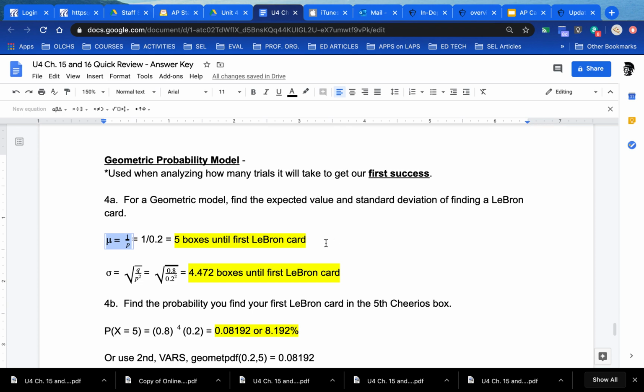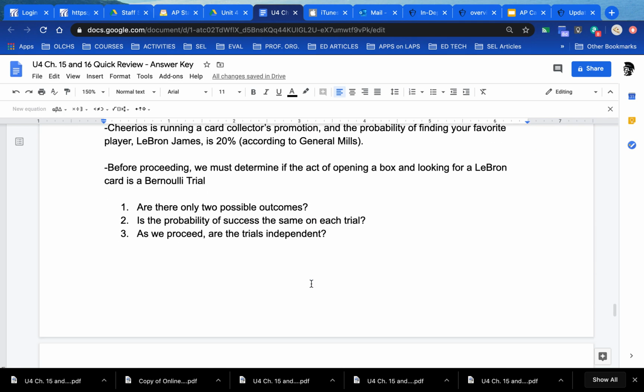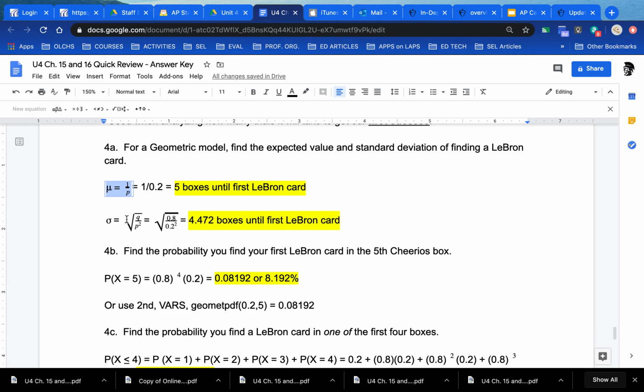Now, this was what was missing up above, and I don't think this one's given to you on your formula sheet either. The standard deviation is q, which is the probability of the complement of not getting LeBron, over p squared, and you take the square root of it. So 0.8 over 0.2 squared, take the square root. That's how you would find the expected value and standard deviation in a geometric model.